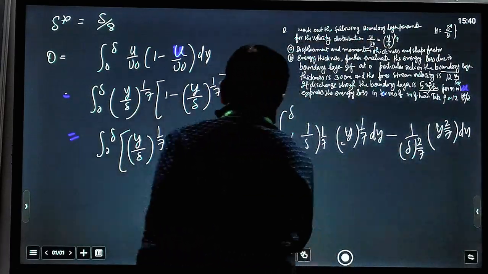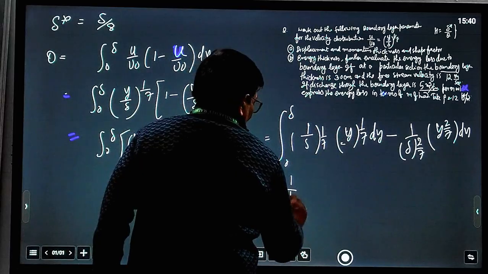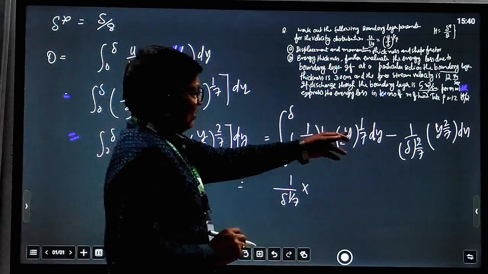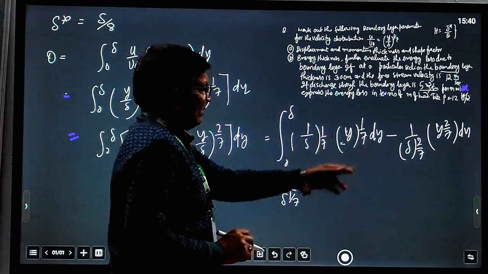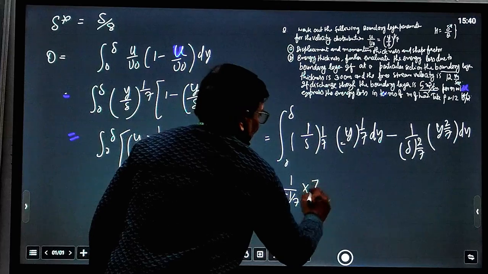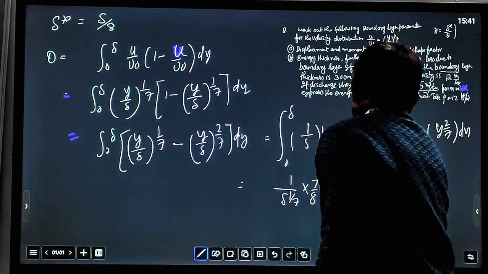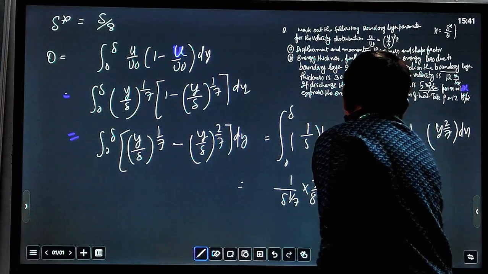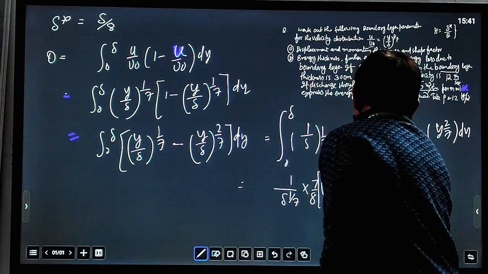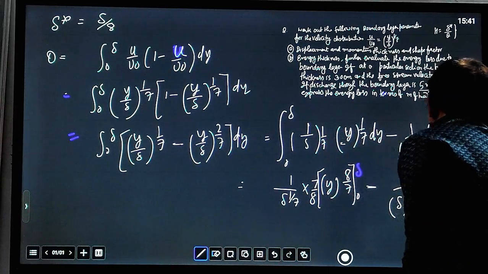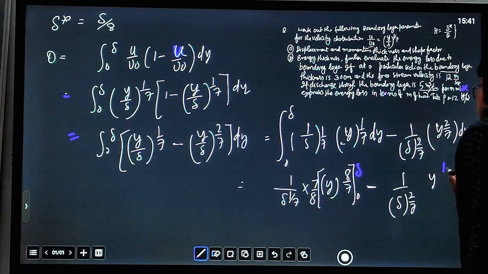So that is equal to 1 upon del to power 1/7 into the integration of this, which is 7 plus 1 by 2, 8 by 7. 8 by 7 means 7 by 8 into y to power 8/7, and limit 0 to del, minus 1 upon del to power 2/7 and y to power 10/7 into 7 by 10.